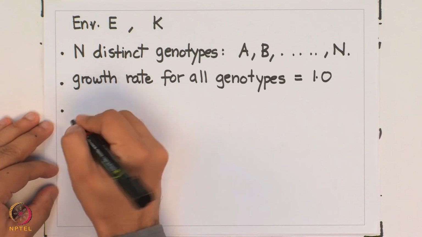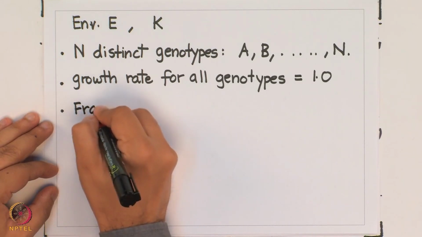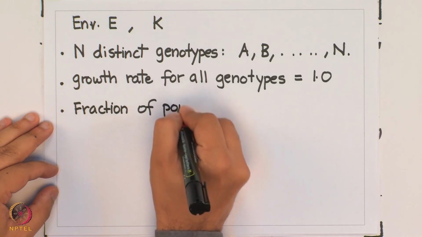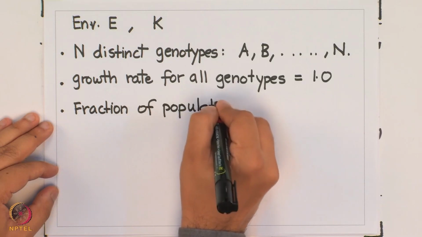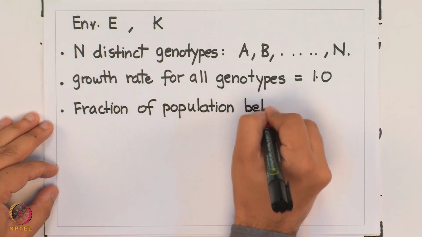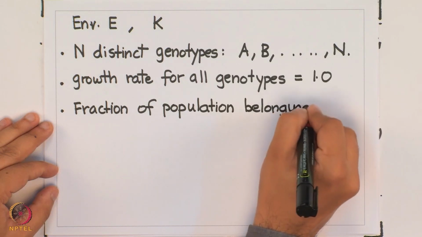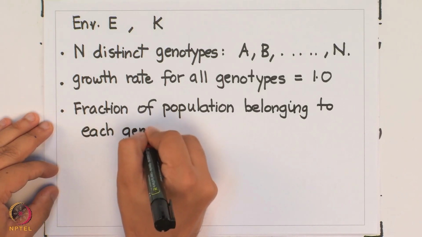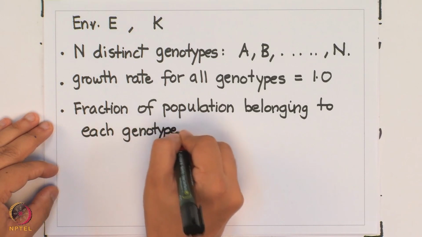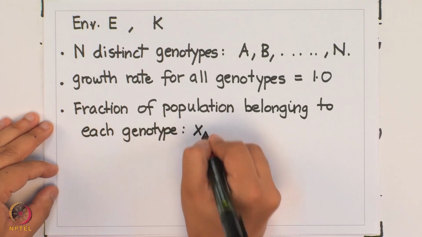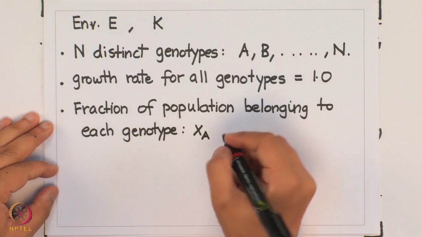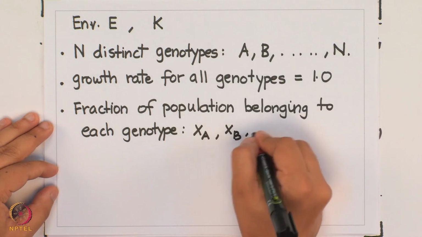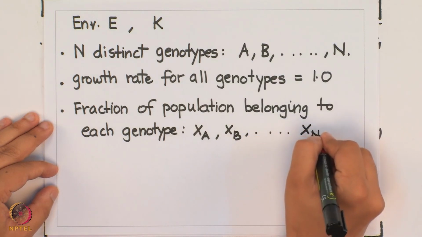Next, we want to define the fraction of population belonging to each genotype. X subscript A will be the fraction of population that belongs to genotype capital A, X subscript B will be the fraction of population belonging to genotype capital B, going all the way up to Xn.